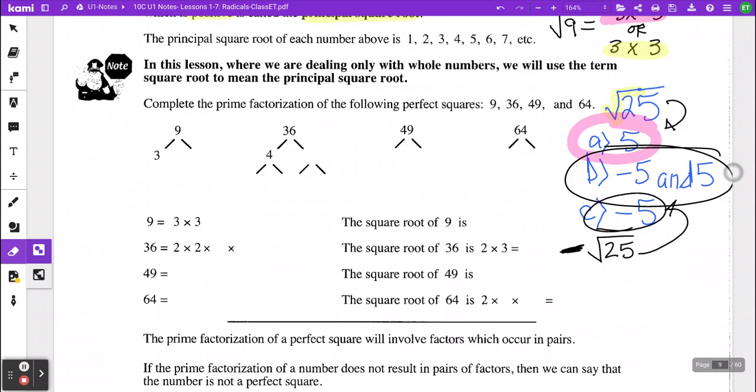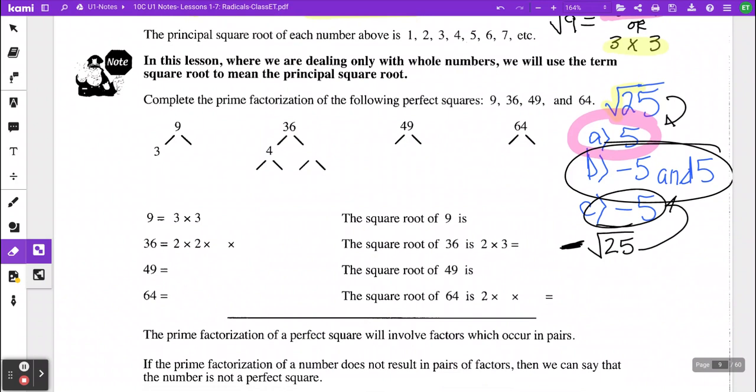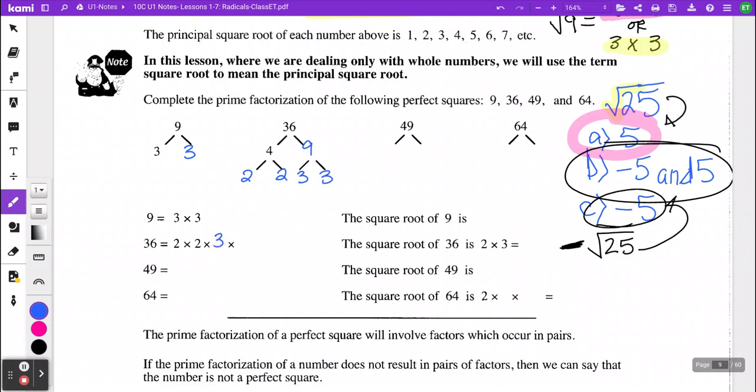All right, so we're going to fill out what each of these numbers break down into. We know that 3 multiplied by another 3 gives us 9. We know that 36 can divide by 4 and 9. 4 will break down into 2 times 2, and 3 times 3 for 9. So now I get 2 times 2 times 3 times 3.